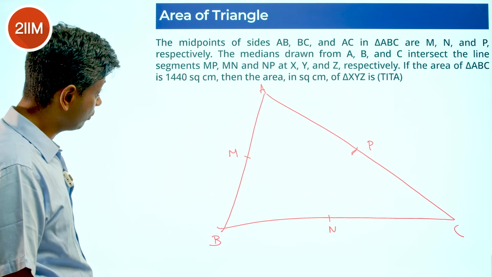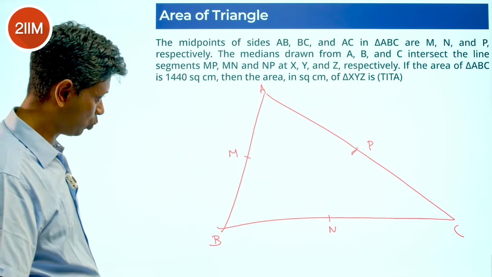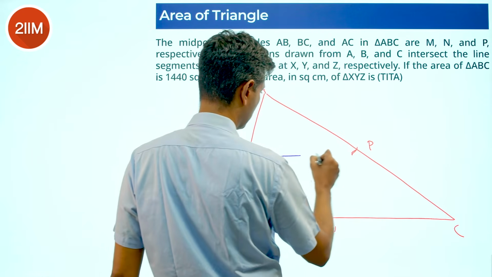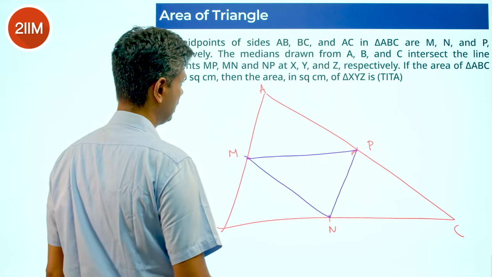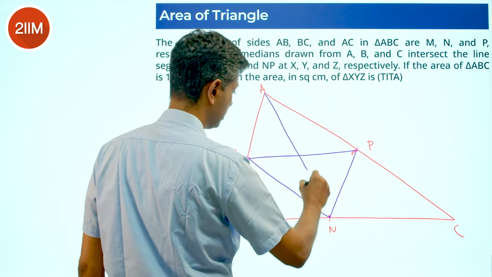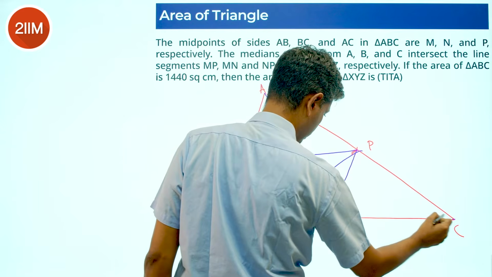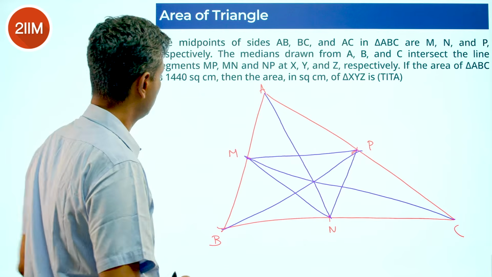The medians drawn from A, B and C intersect the line segments MP, MN and NP at X, Y and Z respectively. Okay, let's draw this X, Y and Z. Let's draw this MP, MN, and then we join the medians.